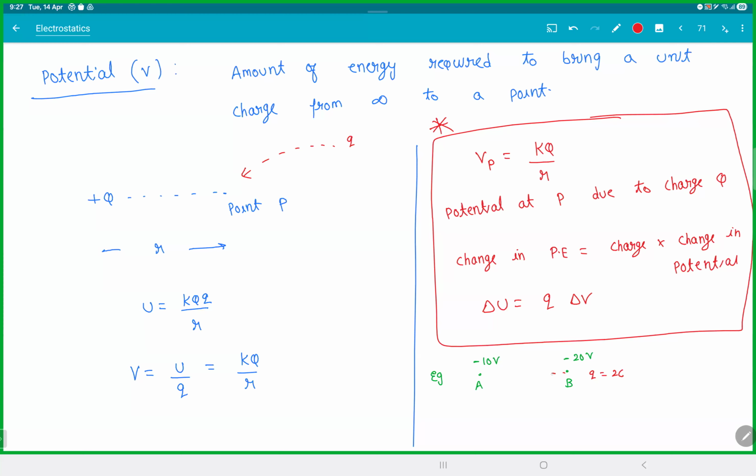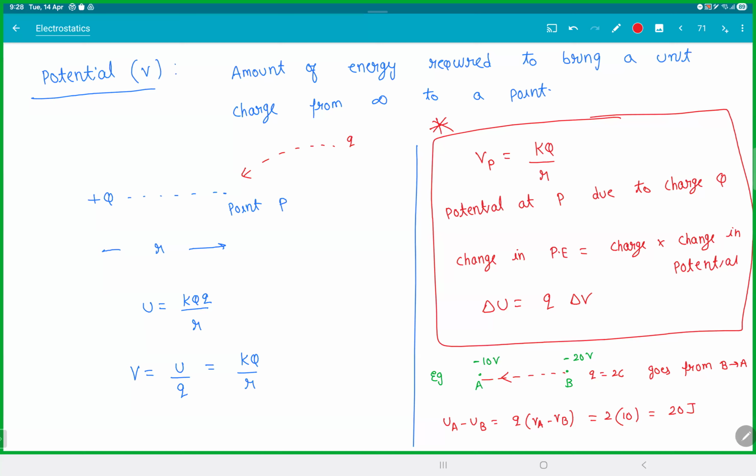Let's say it is going from B to A. So the change in potential energy, UA minus UB, will be charge into VA minus VB. That would be 2 into minus 10 plus 10. That's 20 joules. Means if you want to take this positive charge from minus 20 to minus 10, you need to give 20 joules of energy. Clear with this? That's it.